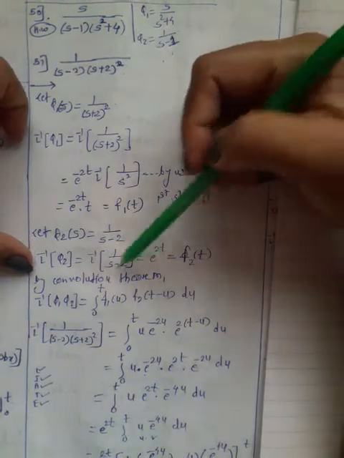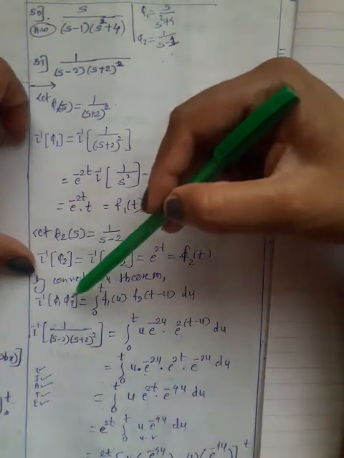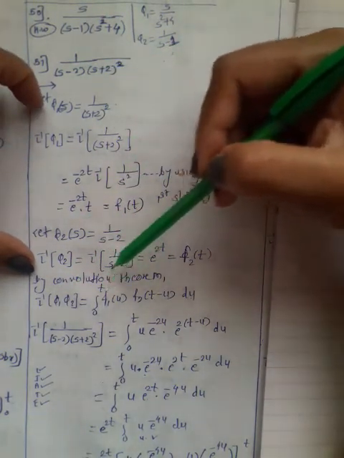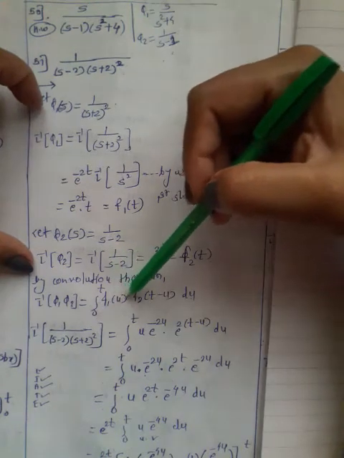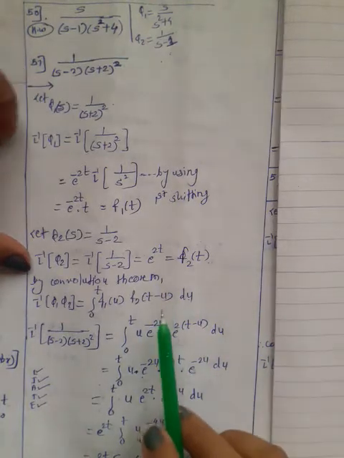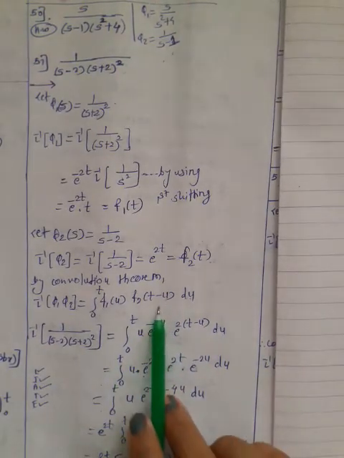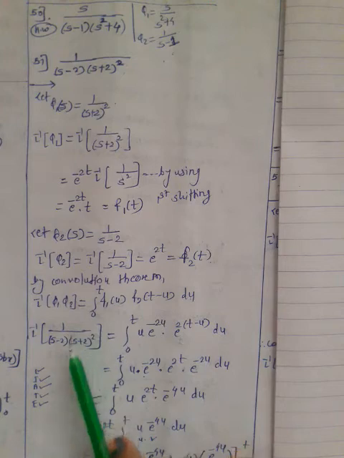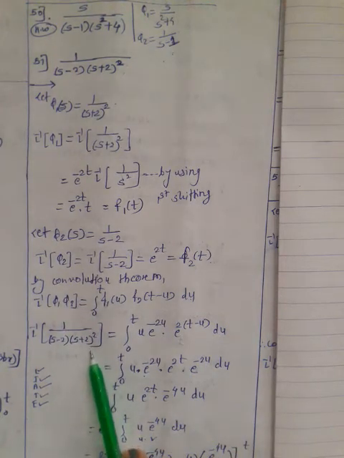By the convolution theorem we know L inverse of phi 1 into phi 2, that is the multiplication of these two functions, is equal to the integration from 0 to t of f1 of u into f2 of t minus u. Now put all these values in this equation. L inverse of phi 1 into phi 2 is our original example.